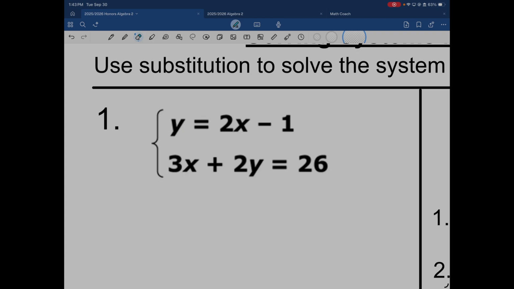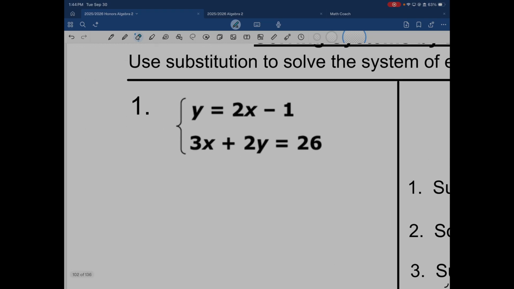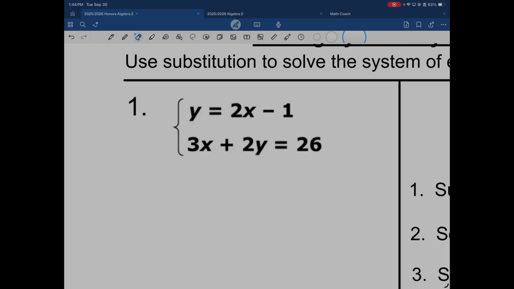Now the first thing you're going to look for anytime you try to use substitution is you want to make sure in step 1 that you have one of your equations solved for a variable already. So in this case, we have that y is equal to 2x minus 1. y is solved for us already. So then we're going to take a look at that second equation, 3x plus 2y equals 26, and anywhere we see a y in that equation, we are going to substitute in what we know y is equal to.